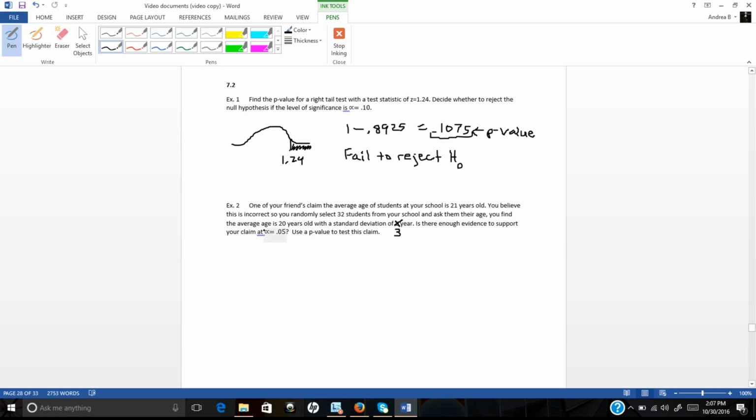So first of all, for these types of problems, remember to write out what the null and the alternative hypothesis are. So remember H sub 0 is the null, H A is the alternative, just like we went over in the first section. So in this case here, we have 21 years old is what we're testing here.